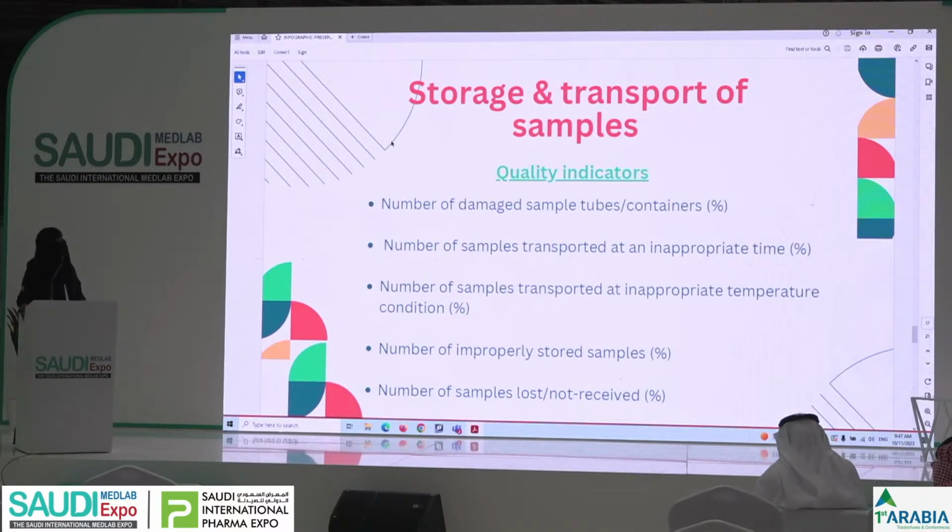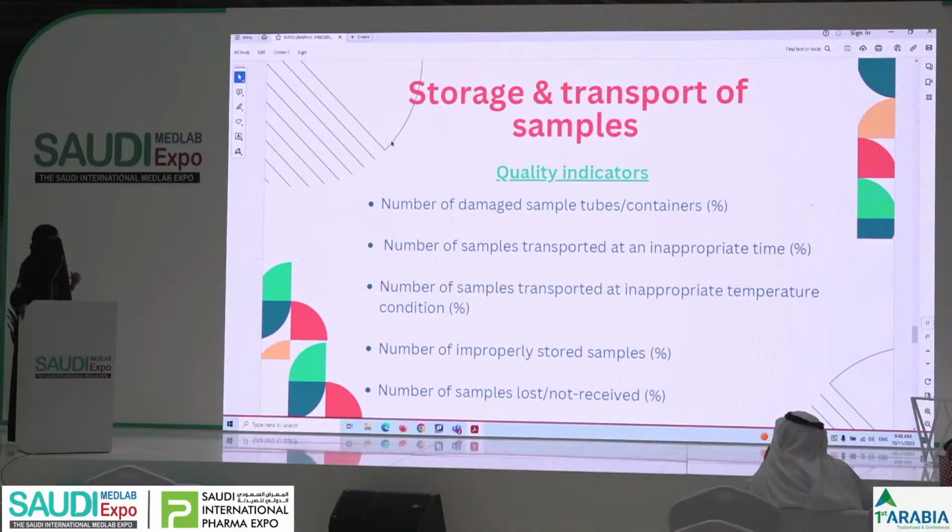pre-analytical errors. Also, we have a major issue that frequently happens regarding the storage and transport of the sample to the lab. Mainly, we need to count the damaged samples or tube containers during that transportation. As you know, maybe some hospitals still depend on the physical transportation of the sample to the laboratory.